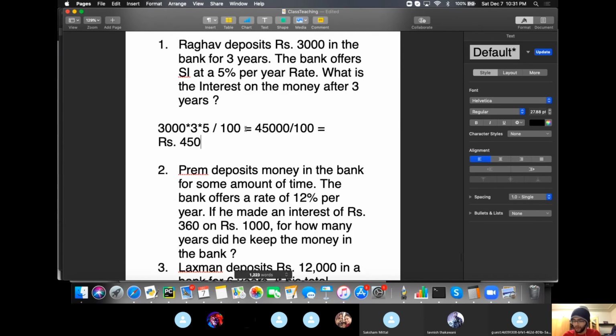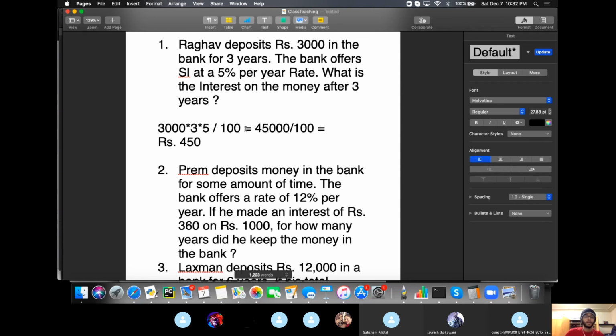Just if you did not understand what we did, then you can ask a doubt. Is there anybody who has a confusion with this problem? We just did P into T into R divided by 100 and we got the interest, because the question was, what is the interest on the money? Saksham is typing something. I'll wait for his doubt.